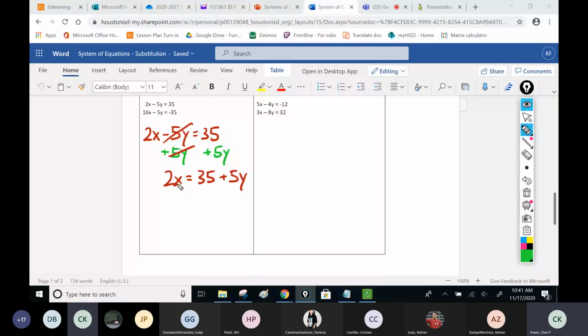Then to solve for x, we need to remove the times 2, so we do the opposite of times 2. Divide by 2 on the left, divided by 2 on the right. Times 2 and divided by 2 cancel out. So x equals (35 plus 5y) divided by 2. On the right side, I want you to keep it like this, all right? Keep it like this.